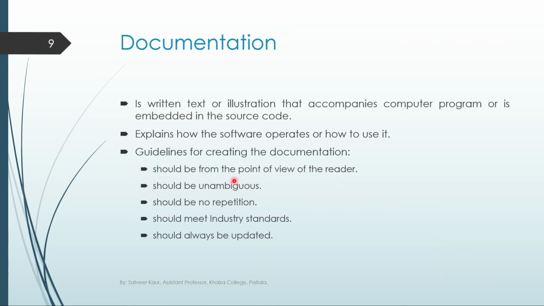Therefore, it should be from the point of view of the reader. It should be unambiguous, with no repetition, it should meet industry standards, and it should always be updated. If any changes are performed in the program, it must always be updated.